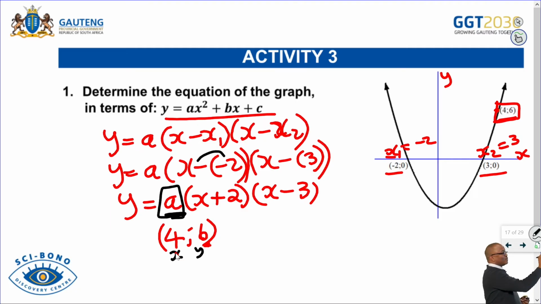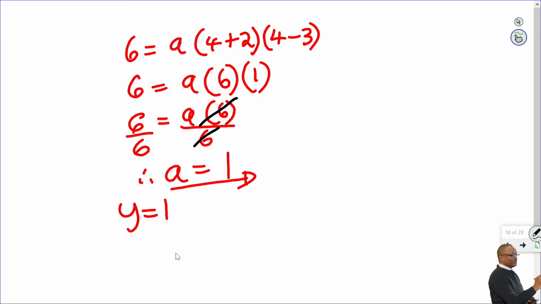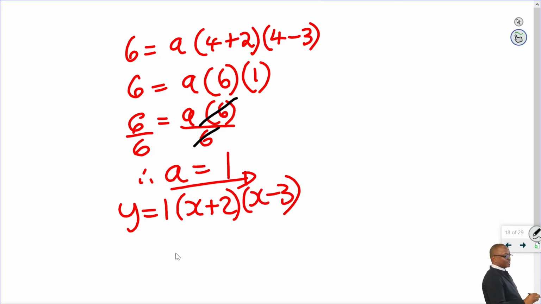Remember, they said the equation has to be in the form y is equal to ax squared plus bx plus c. So now we substitute the value of A, which is 1, into x plus 2, x minus 3. Now we can remove the brackets and expand it.